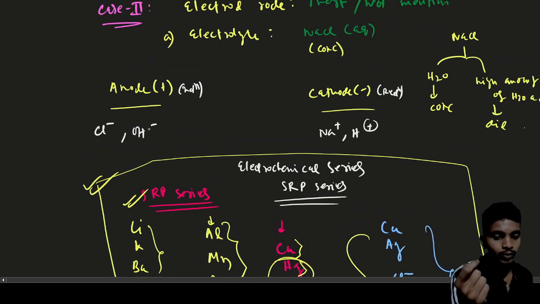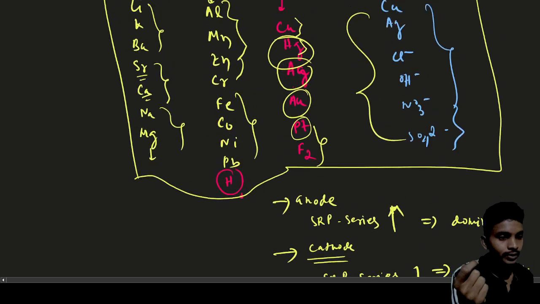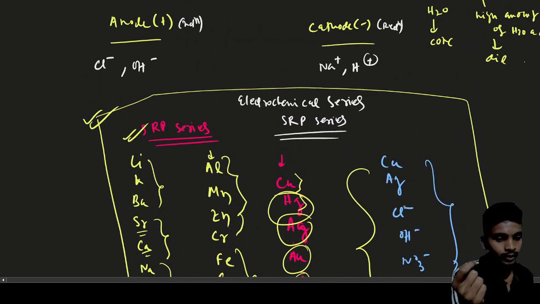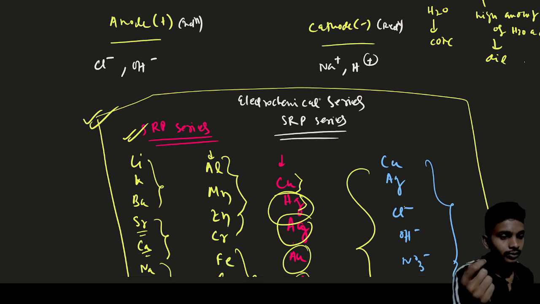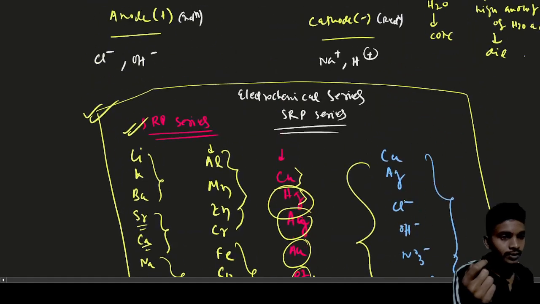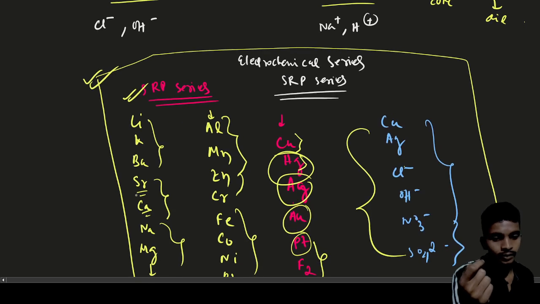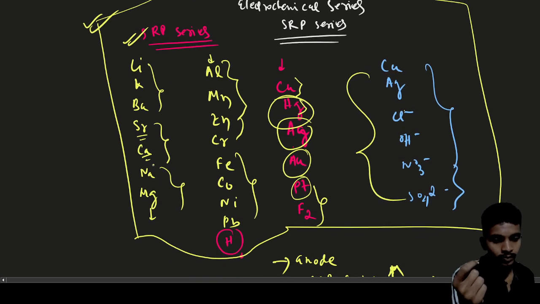So from Cl minus and OH minus, this is the anode. For the anode, the upper one will dominate, so which is above, Cl minus, so Cl minus will discharge. And for the cathode, the downward one will dominate, so Na plus and H plus, whichever is downwards. Here we can assume positive, positive, like that.